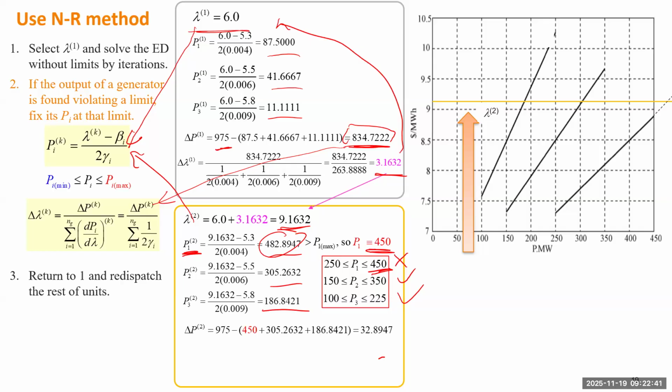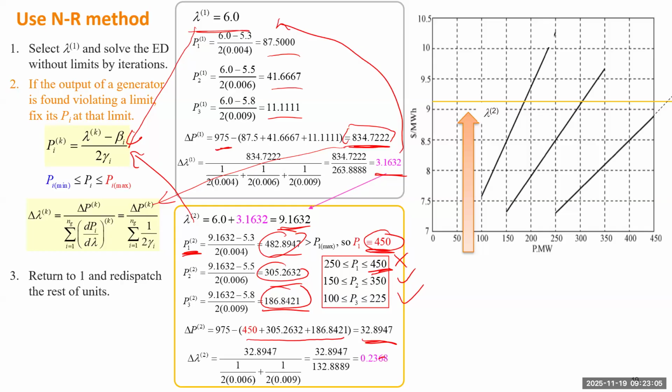Then we use the corrected value and the calculated values here. The gap is more than 32 megawatts, which means we cannot stop. That 32.89 megawatts comes from the violation of the first unit. So we need to make up this gap.